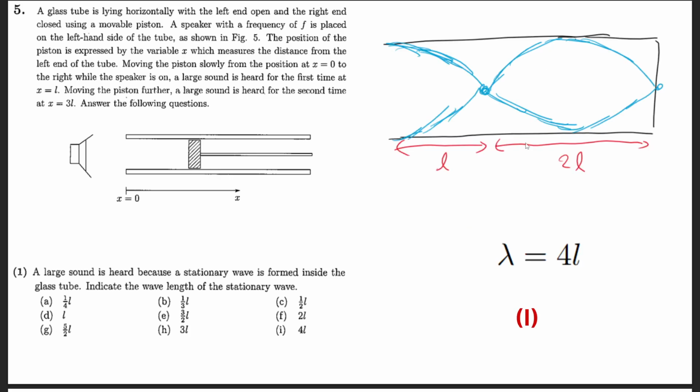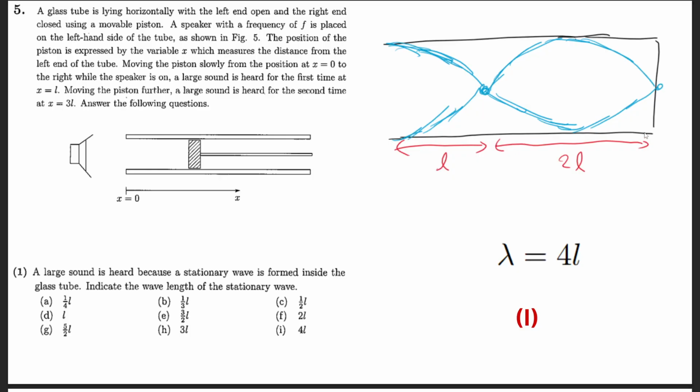So since at L a large sound is heard for the first time, we can write that there is a node here, and since this is an open end, we can write this as two lines. And the large sound is heard for the second time at 3L.